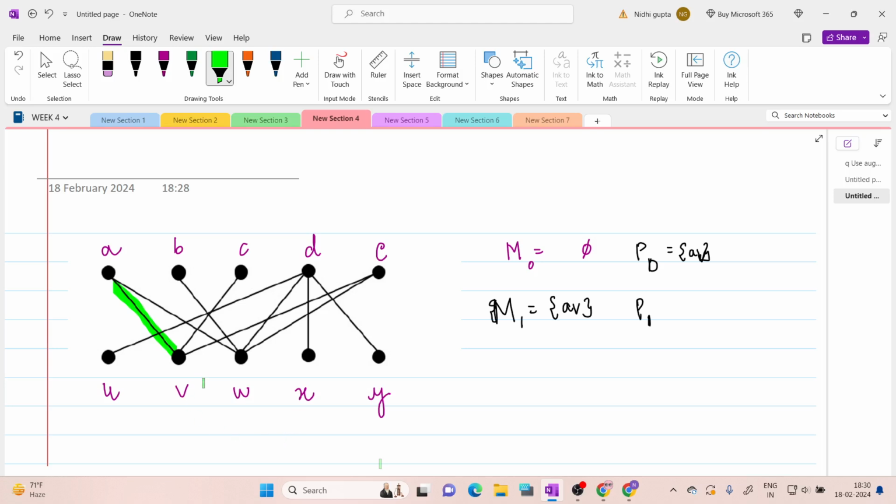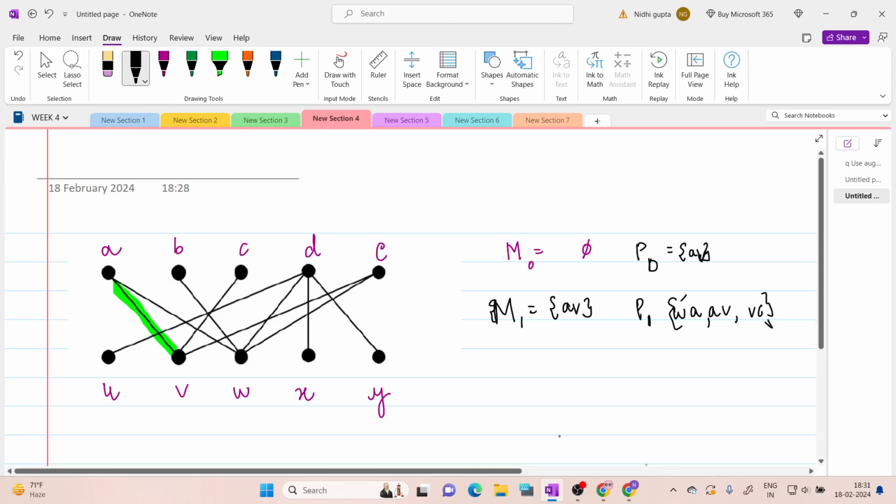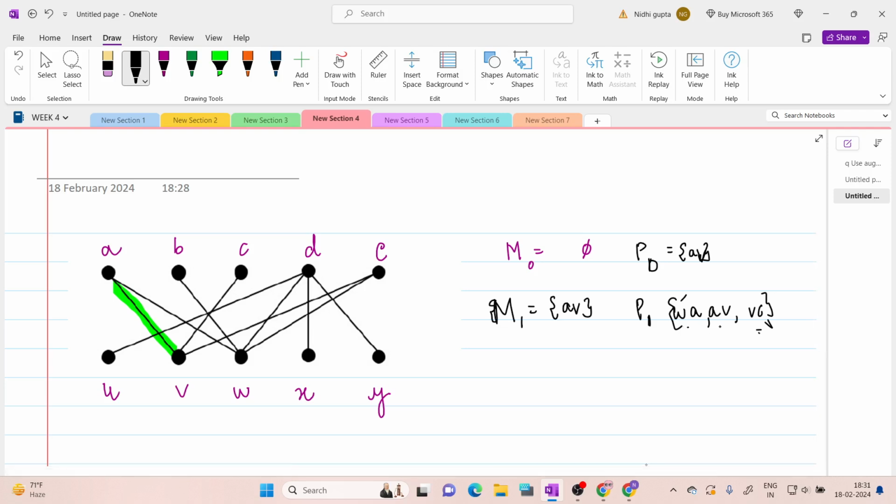So give me an augmenting path. WA, AV, and VC. That is correct because W is an unmatched vertex, C is an unmatched vertex, WA and VC are unmatched edges and AV is a matched edge. So all the properties are satisfied.